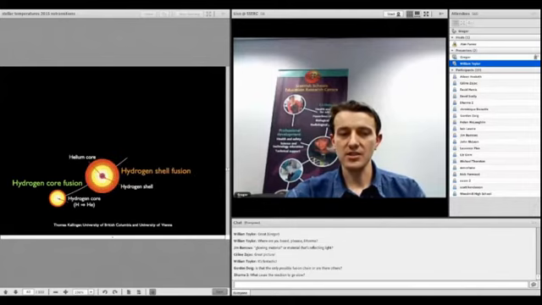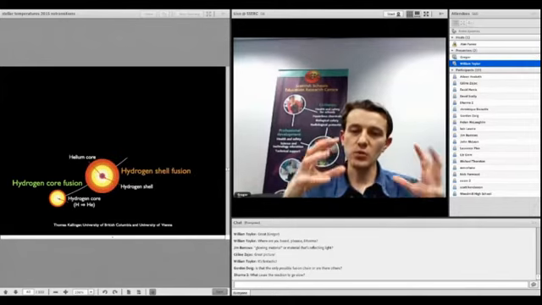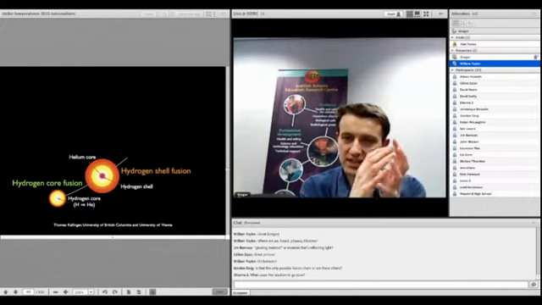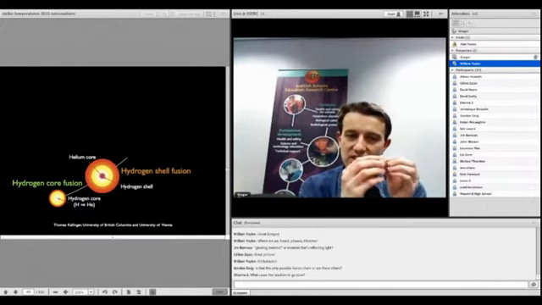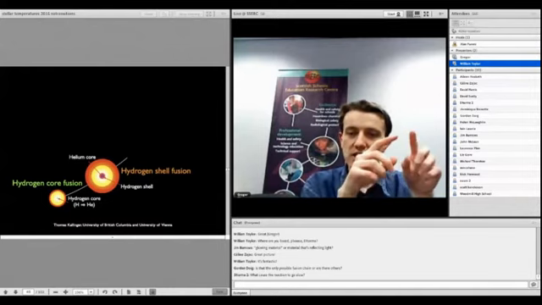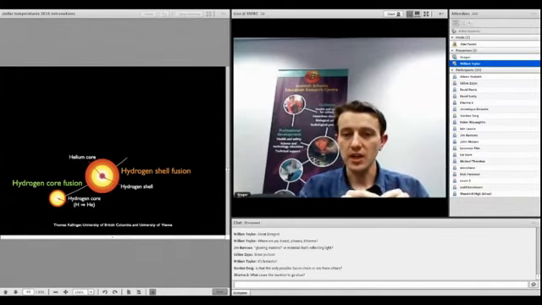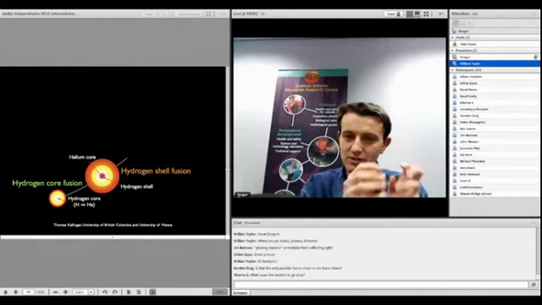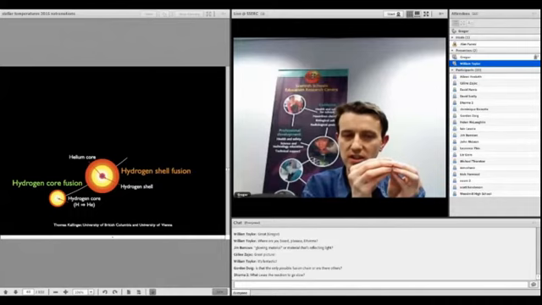What happens then is that the central regions start to contract. And actually this can then lead to hydrogen fusing in a region surrounding the core where the hydrogen levels are higher. So you've used up your hydrogen somewhat in the center, and then the hydrogen around the outside begins to fuse.